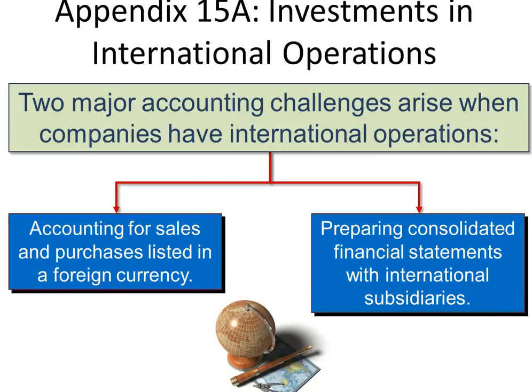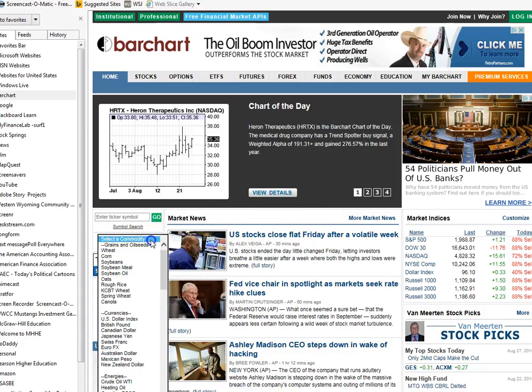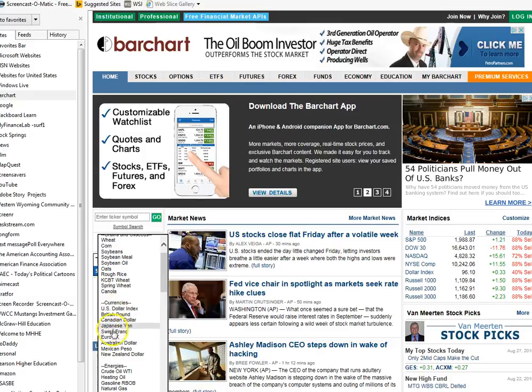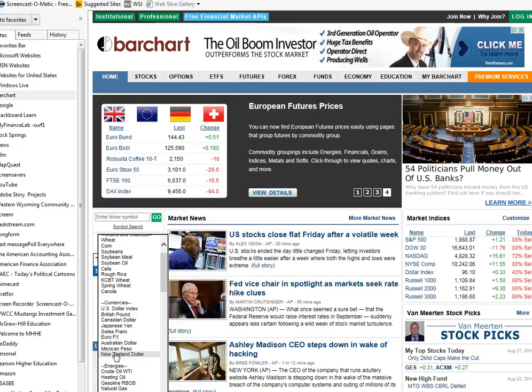Let me give you an example here. We'll just look at the currency market, and here's some real quick. You see there's about half a dozen or a dozen international currencies listed. Actually, big major trading banks will have a desk that trades in these currencies for almost all countries, whether it be Russia or China or South Korea, North Korea on there.